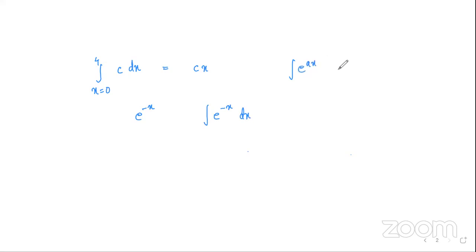It is e power ax divided by a. Now, what is the constant here? A is a constant, right? And I think we should break e power ax as e power a times e power x. So e power a is a constant, no?